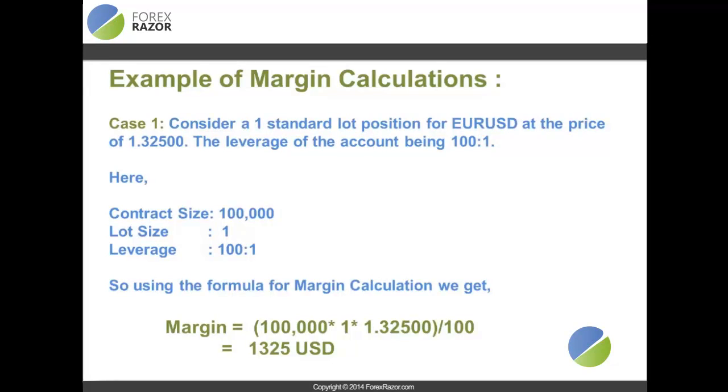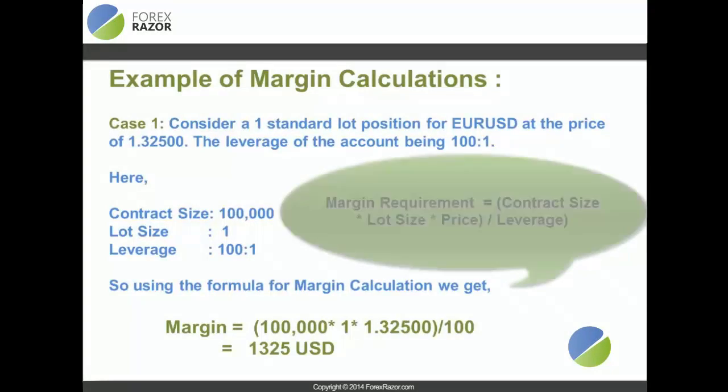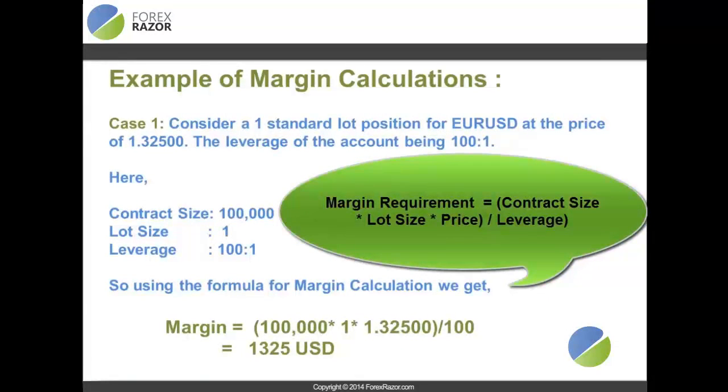We consider case 1, in which we open a one standard lot position for euro dollar at a price of 1.32500. We've chosen the leverage of our account as 100:1. Here, the contract size is again 100,000, lot size is 1, and leverage 100.